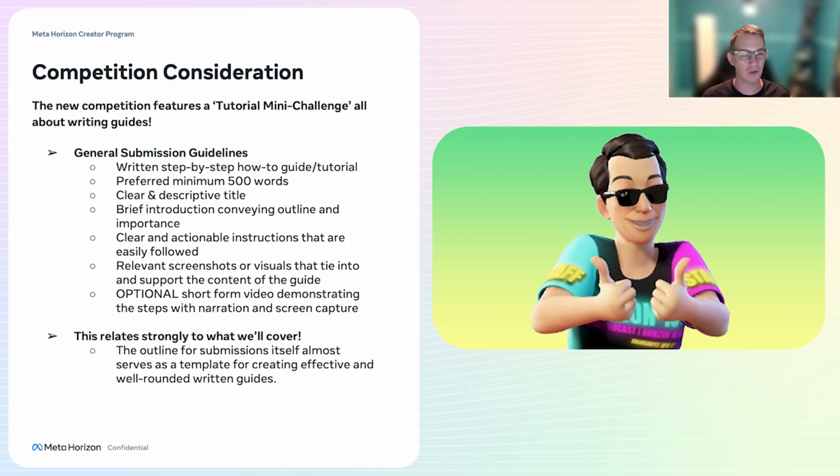Also, they want us to include some visuals, screenshots to tie in. And then there's also an optional short form video that we can attach to our documentation as well. This is going to be related to what we're talking about today.